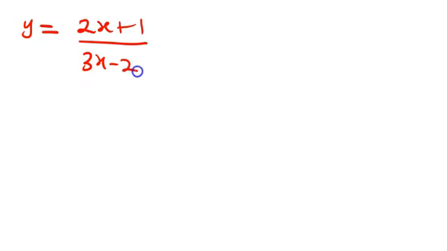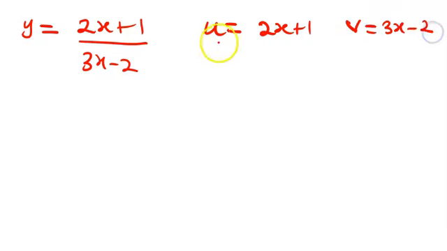So the second question is y is equal to 2x plus 1 over 3x minus 2. So as usual, let u be equal to the function at the numerator and then v be 3x minus 2.